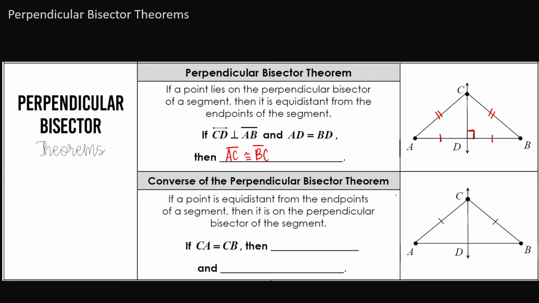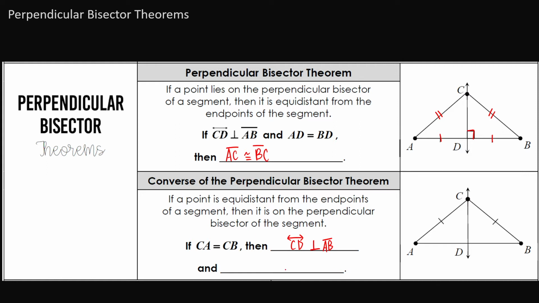The converse of the perpendicular bisector theorem, we know that converses pretty much say the same thing but backwards. So if a point is equal distance from the endpoints of a segment, then it is on the perpendicular bisector of the segment. So basically we're saying if CA is congruent to CB, then we know that line CD, the line we have going through the triangle, is perpendicular to segment AB.